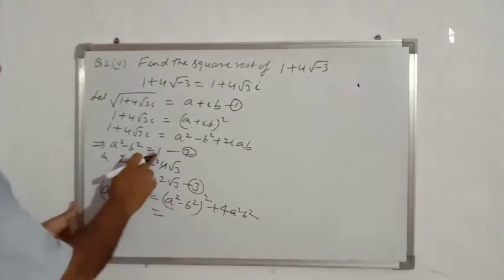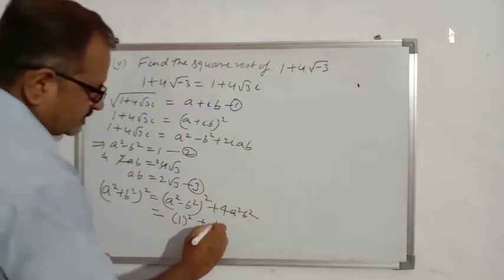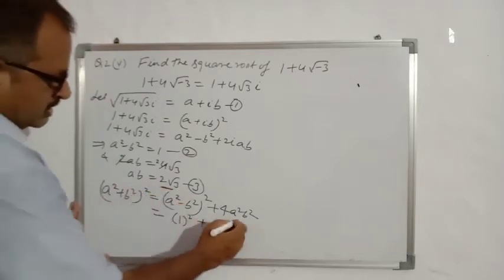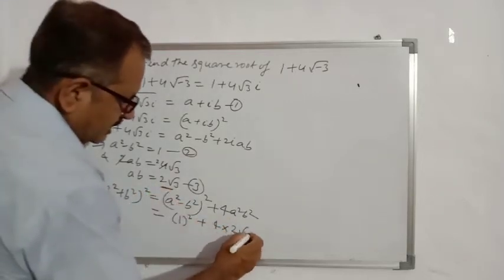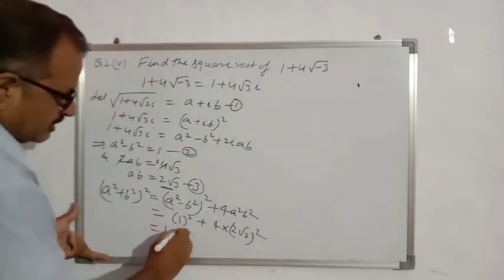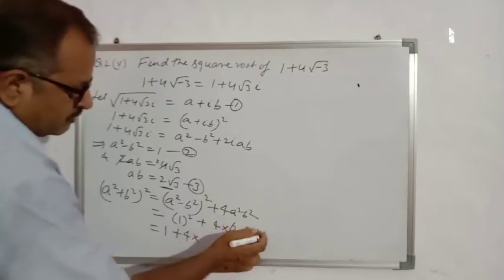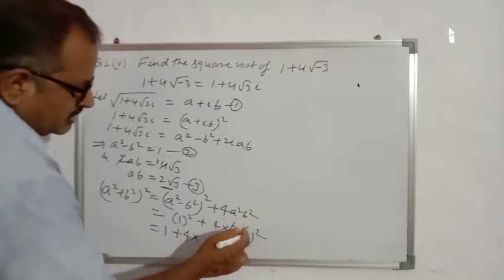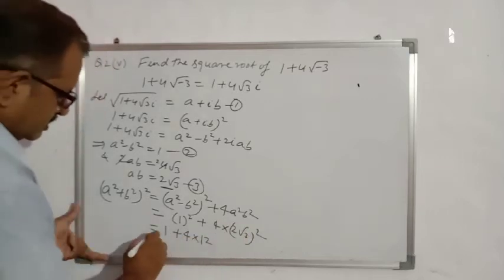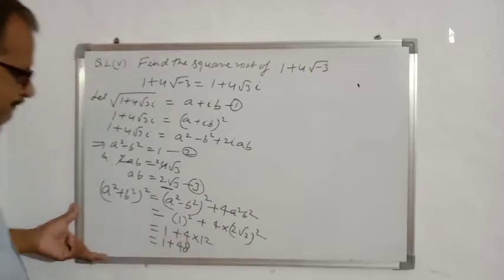a square minus b square is 1, so 1 square plus 4 times ab, and ab is 2 root 3, so we write (2 root 3) whole square. 1 square is 1, plus 4 times (2 root 3) square. 2 square is 4, root 3 square is 3, so 4 times 3 is 12. 1 plus 12 times 4 is 48.